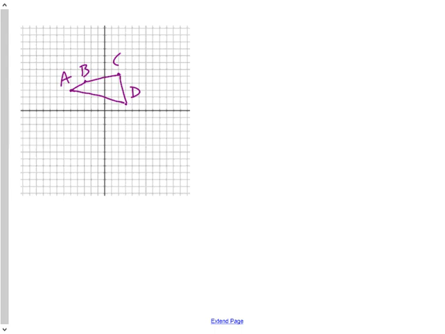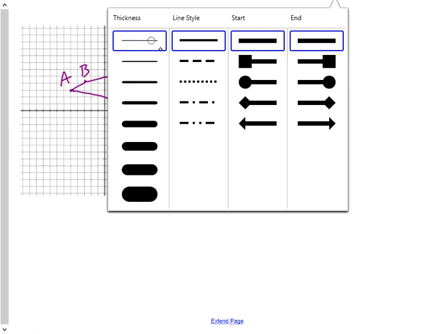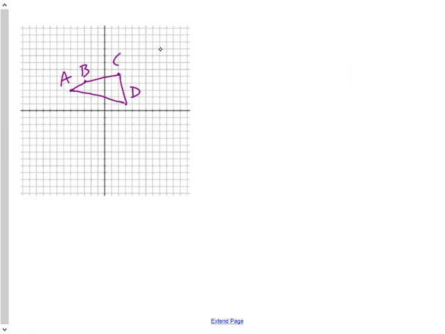Quad, and then 270-degree rotation is going to be basically rotating 90 degrees that way, if you want to think about it as that way as well. Plotting our images. There's A prime. B prime right on my D. And then 3, 1.